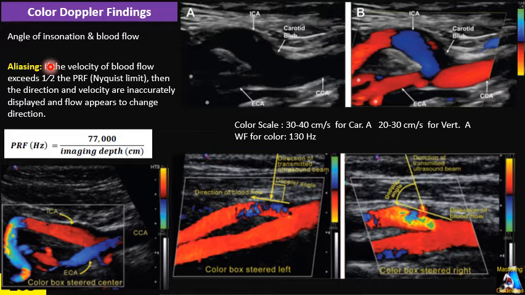First, as you know, color Doppler works based on the Doppler principle, meaning if the blood flow goes toward the transducer or against the sound beam direction, it creates and is registered by the machine as a positive shift. If it goes away from the transducer or in the same direction as the sound beam, it creates a negative shift or negative Doppler.